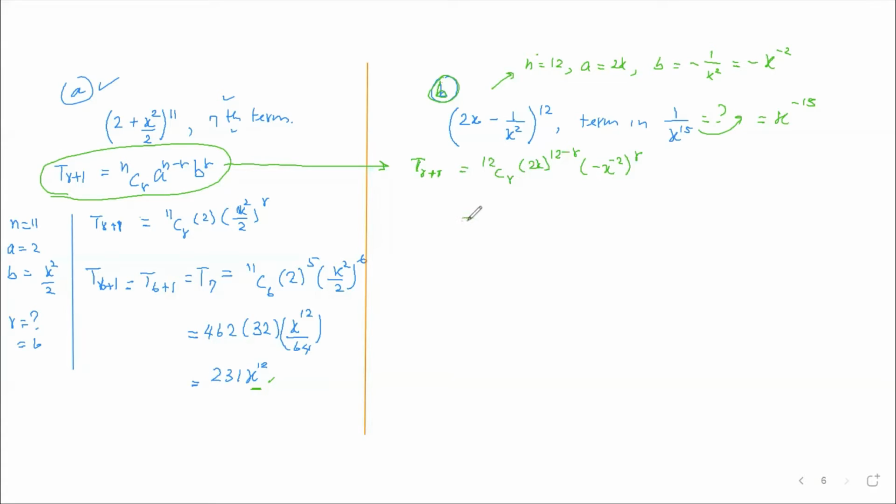So from this one, what are we going to do next? From this one, we know the power of x in term T. The power of x in term T.